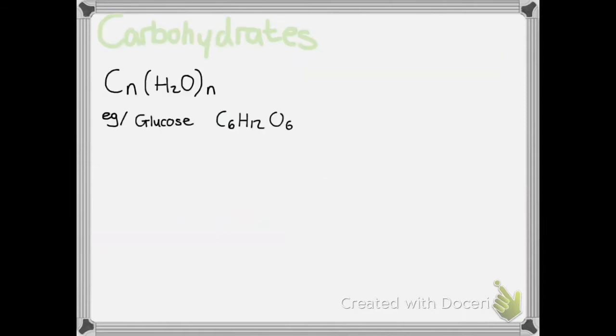All your carbohydrates have the general formula Cn(H2O)n. This is basically, you have the same amount of carbons and oxygens in a carbohydrate, but then you have double the amount of hydrogen.